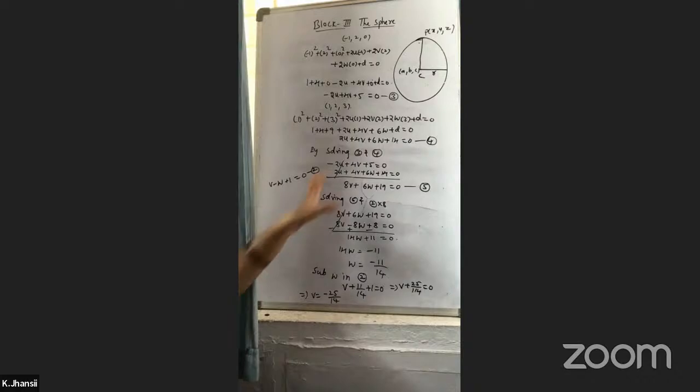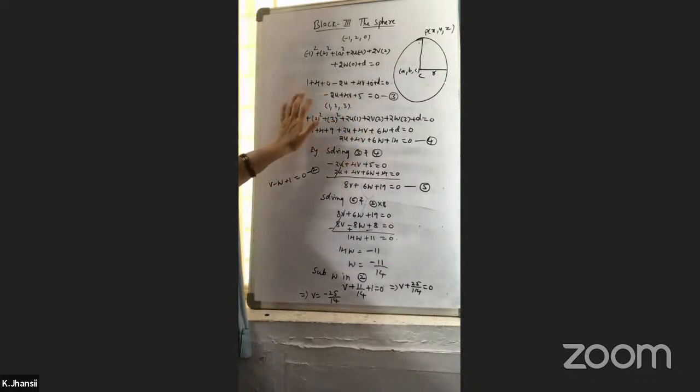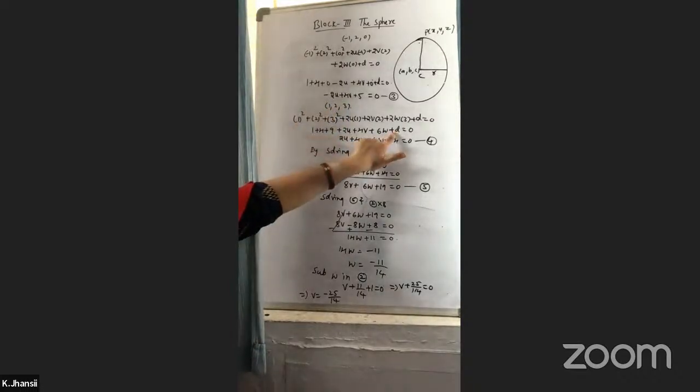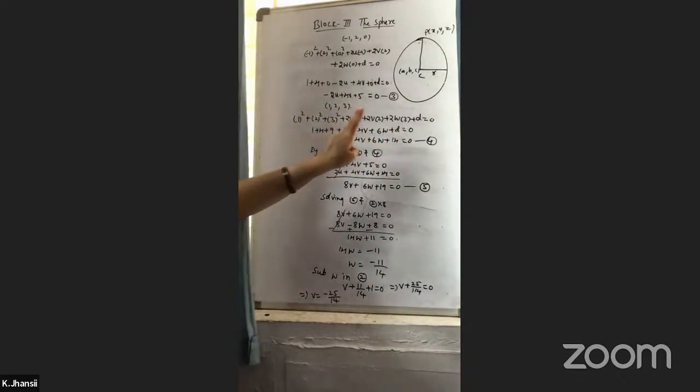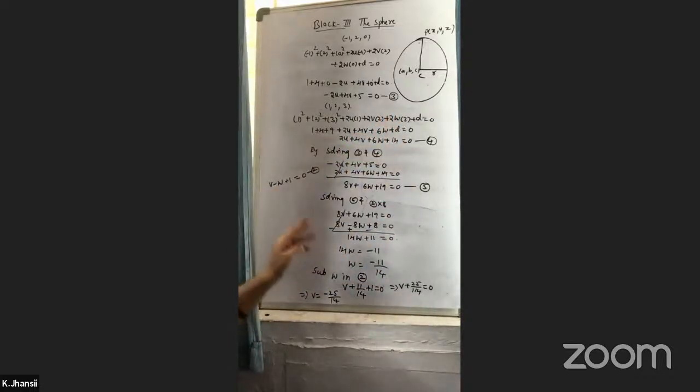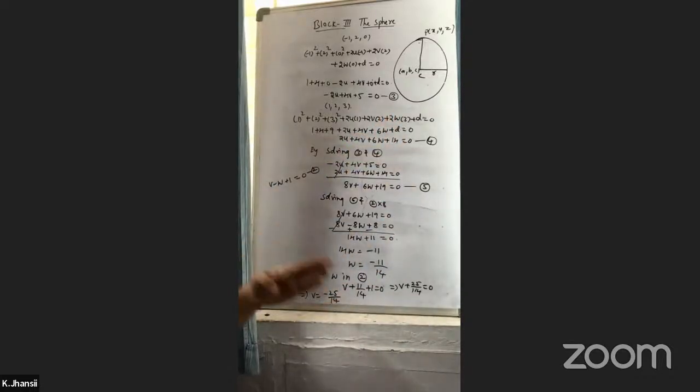Okay. So here the first equation we have eliminated. Why? Because the first point was 0, 0, 0. So directly we got the d value. In some problems, we'll get 4 equations. That is, the first equation is the equation of the sphere. Of that, for the 4 points, you will get second, third, fourth, and fifth. That means 4 equations you'll get. Through solving all those equations, we have to find u, v, w, and d.